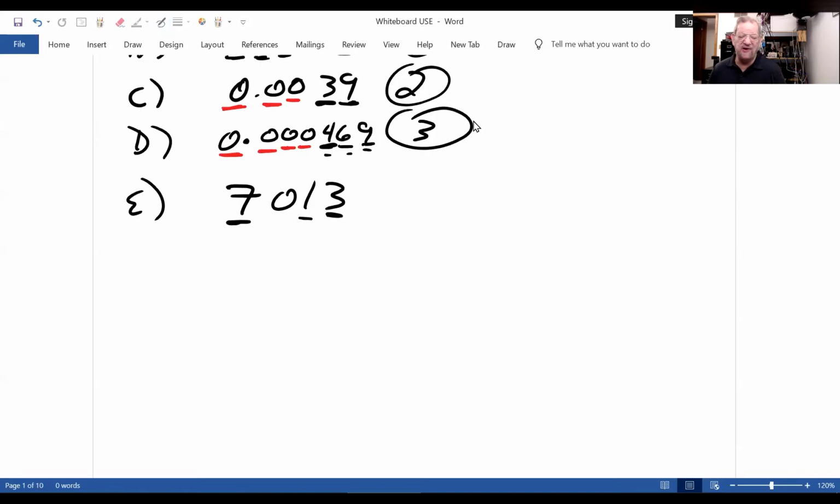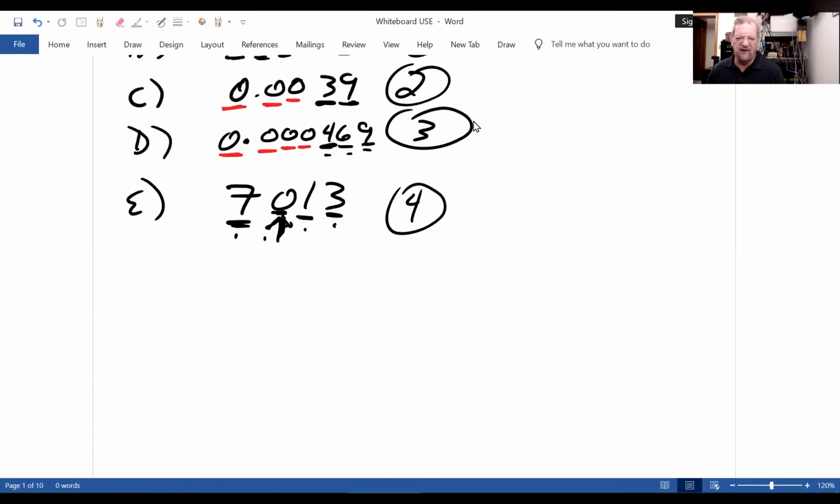All non-zero numbers are significant. Now, let's look at this zero. Notice it's in between two non-zero numbers. When a zero is confined in between two non-zero numbers, it's significant. So that has 1, 2, 3, 4.